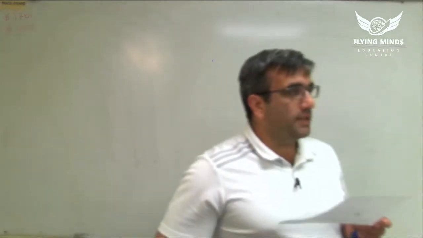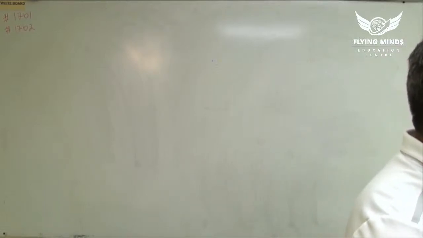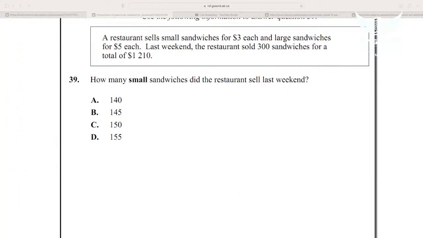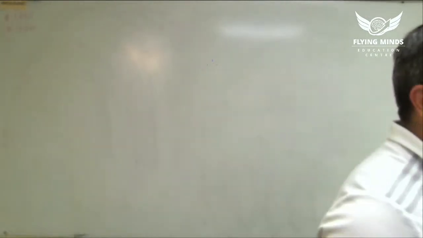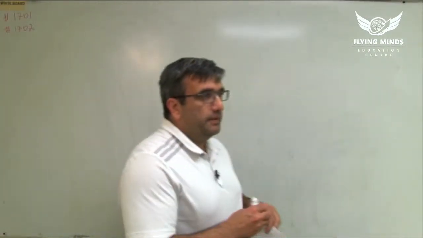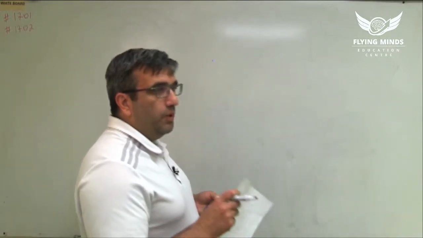Okay, a restaurant sells small sandwiches for $3 each, and large sandwiches for $5 each. Last weekend, the restaurant sold 300 sandwiches for a total of $1,210. How many small sandwiches did the restaurant sell last weekend? Okay, so let's try it.